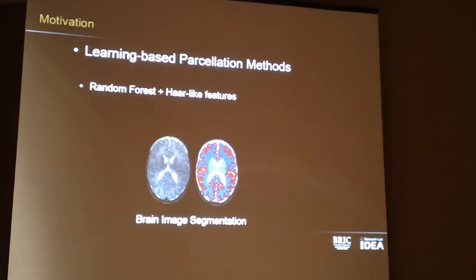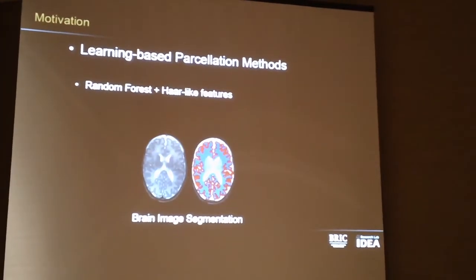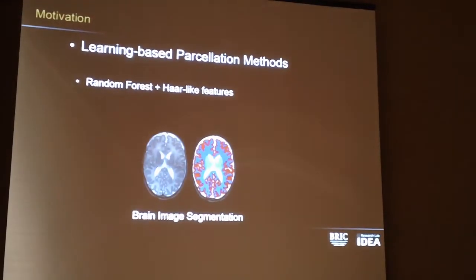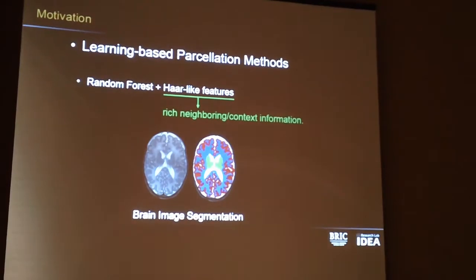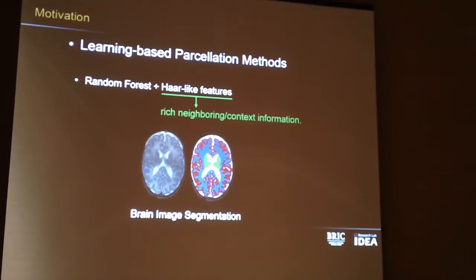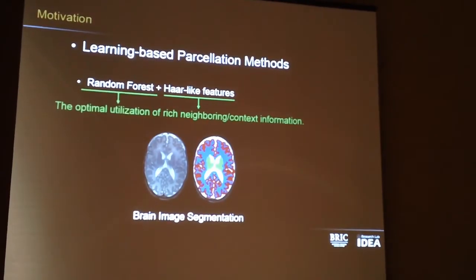Recently, people use random forest with Haar-like features to do brain image segmentation and achieve very high performance and accuracy. The reason is that Haar-like features can provide rich neighboring or context information, and random forest can learn an optimal utilization of this kind of information.